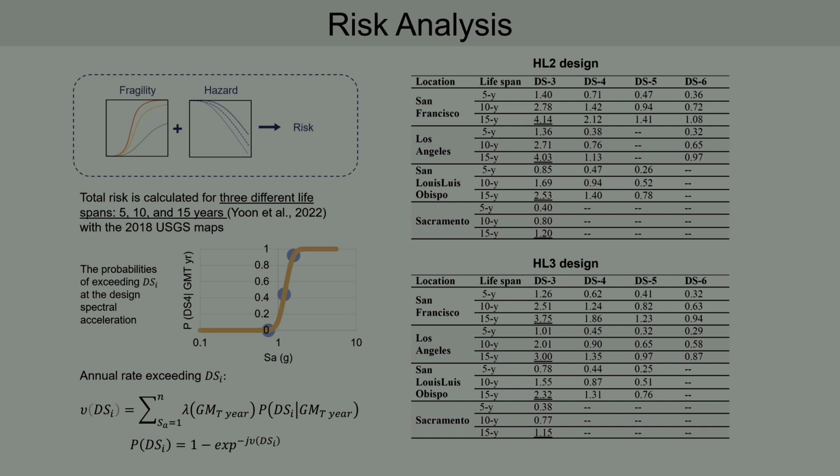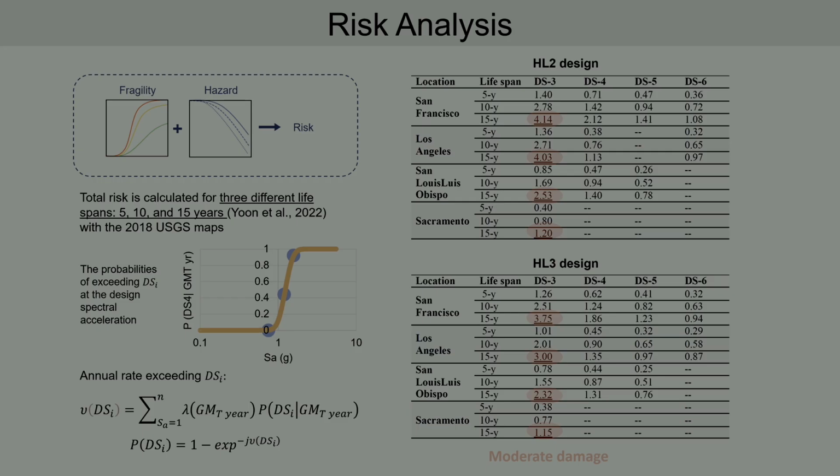For example, for damage state 3, which would correspond to moderate damage, it would be really up to the Department of Transportation to choose what risk to take in terms of exceedance. For this moderate damage state, if, for example, we consider a hazard level 2 design or a hazard level 3 design, and we compare the case of a 15-year lifespan, we go from 4.14 to 3.75.